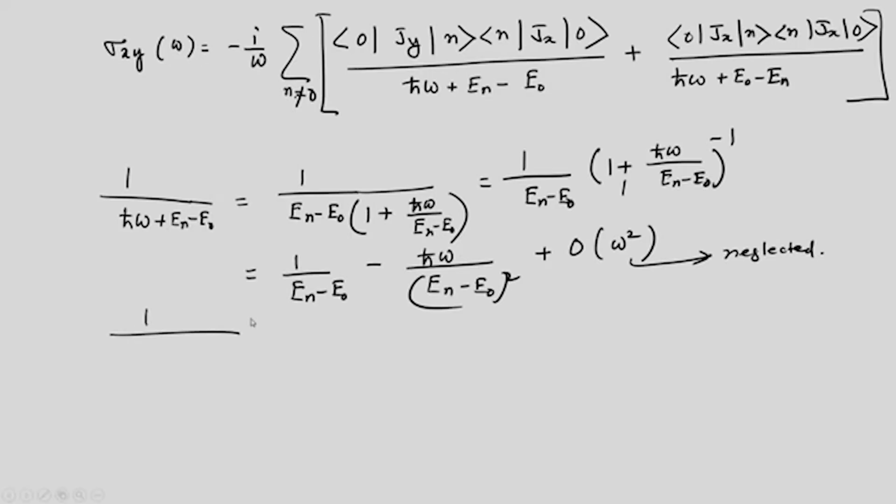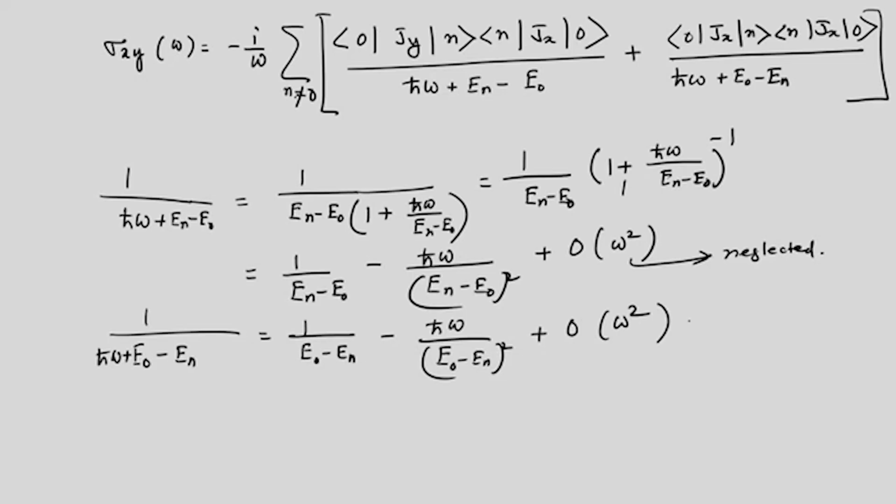Similarly, you do that for the other term, the second term inside the square bracket, which is ħω plus E_0 minus E_n, and this will be like E_0 minus E_n and a minus ħω divided by E_0 minus E_n whole square, plus order of ω square, which again can be neglected. Now, we actually drop the first term which is here.